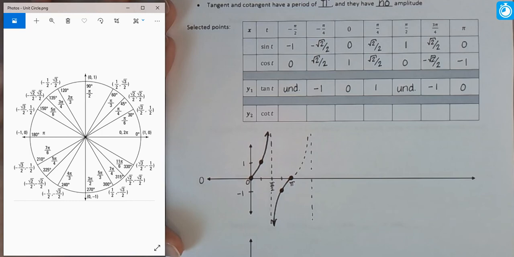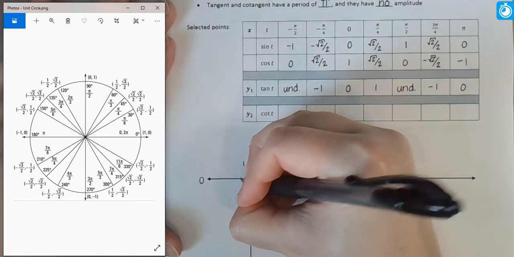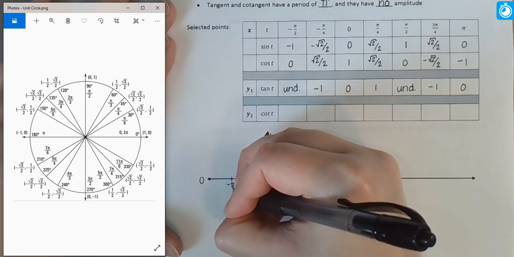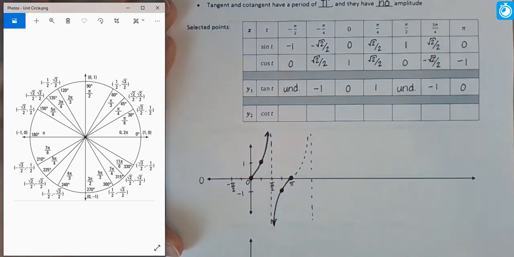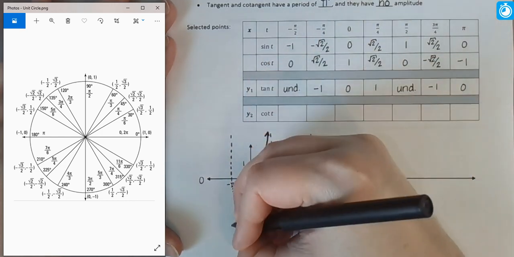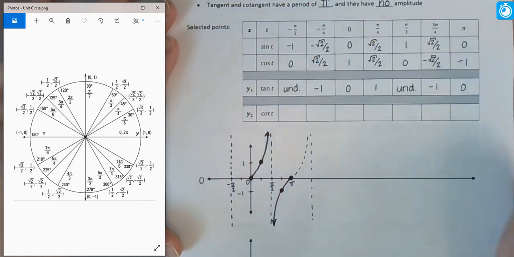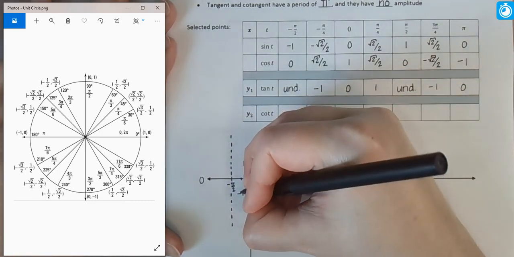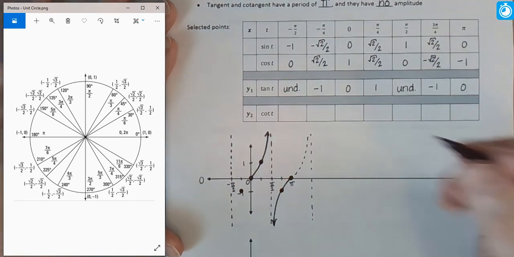So let's add that into the graph. So this would be negative pi over 2, and that's going to be the location for an additional asymptote. And so there's the asymptote, and then at negative pi over 4, the value for tangent is -1.